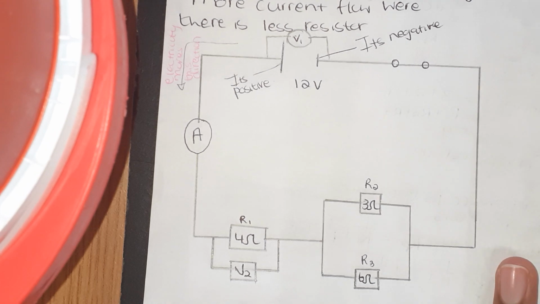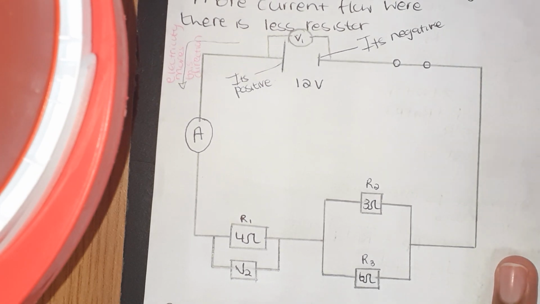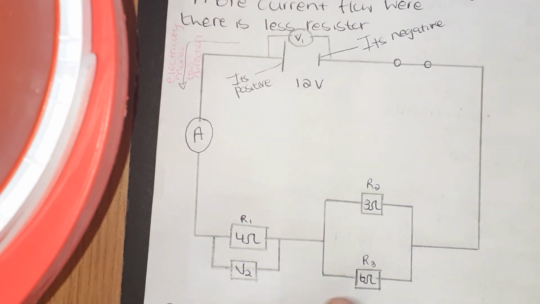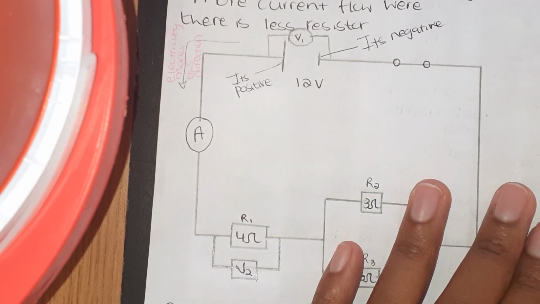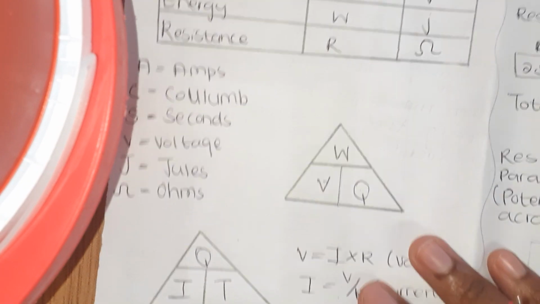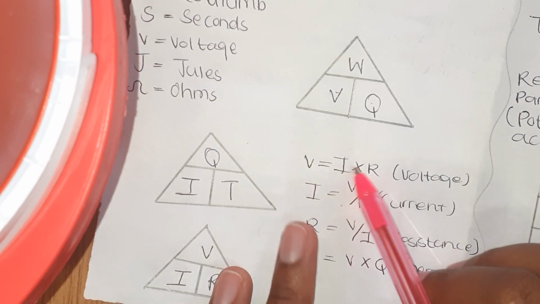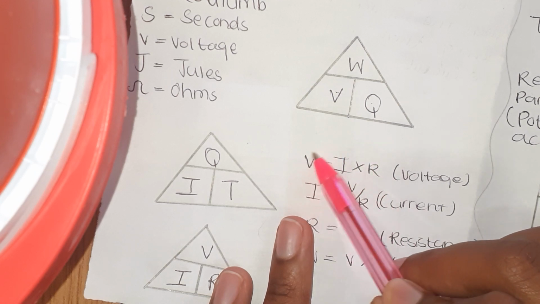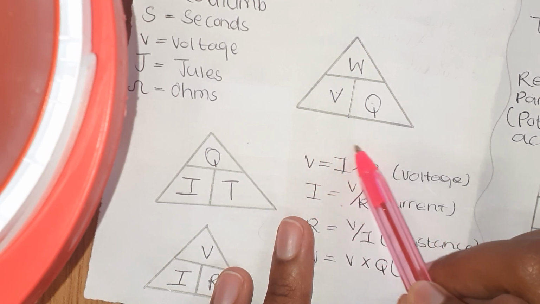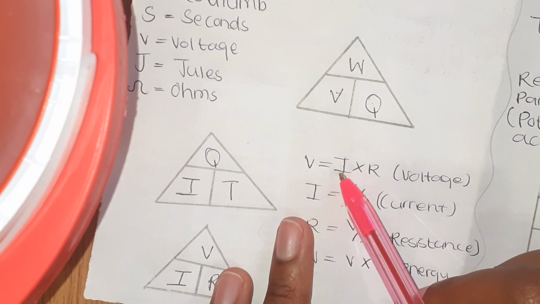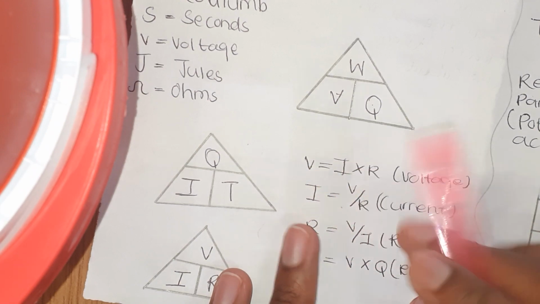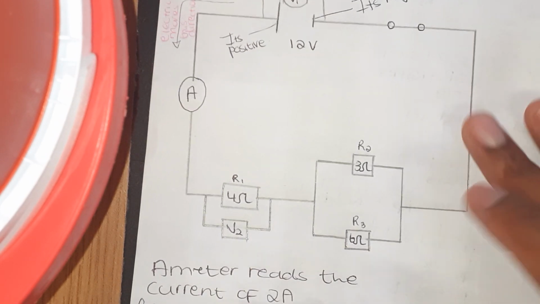So let's say we want total voltage, right? When we want total voltage, we are going to take current times resistance. I have shown you how to calculate resistance.